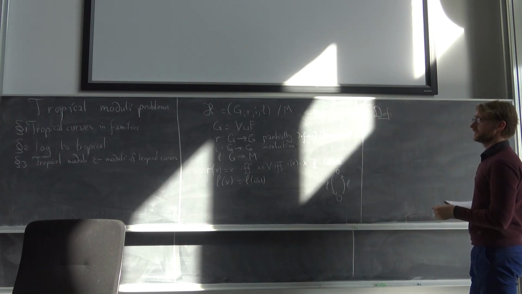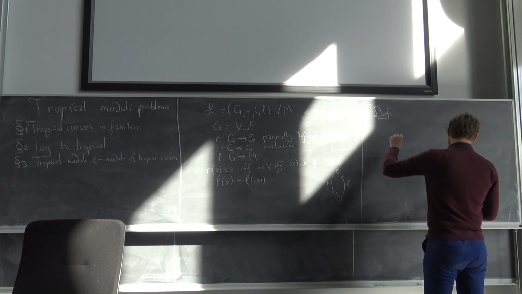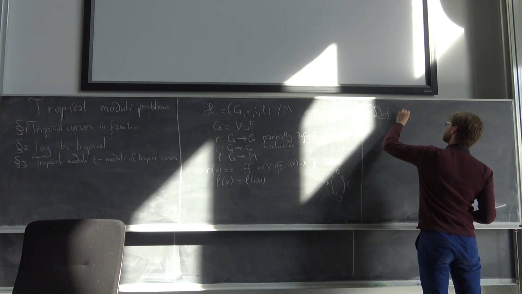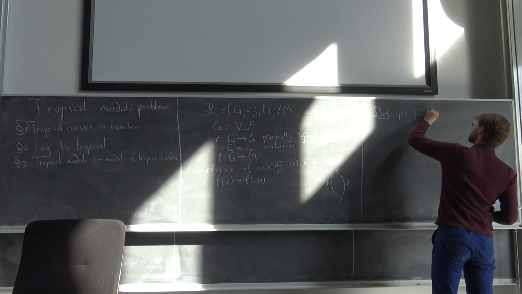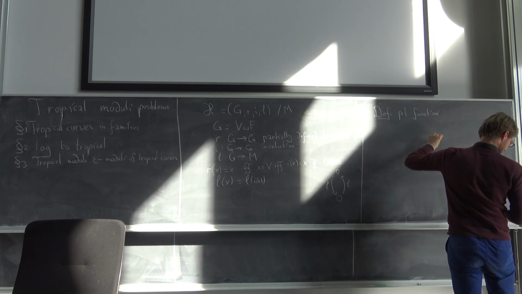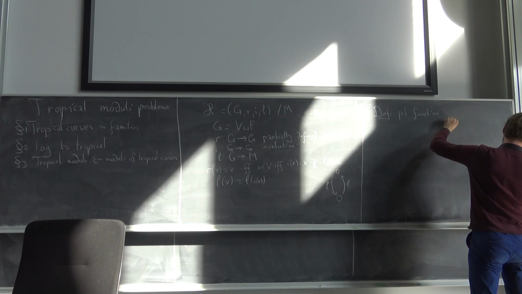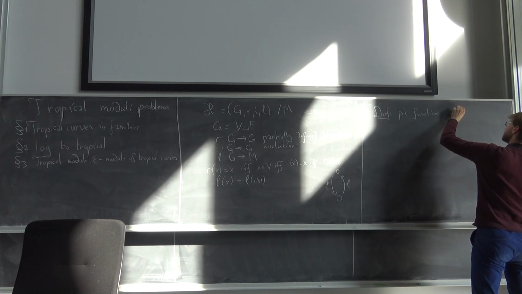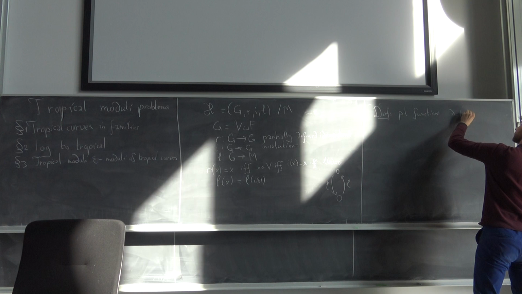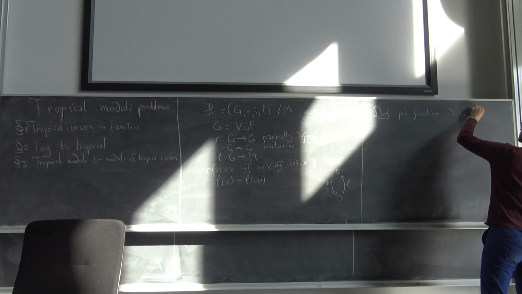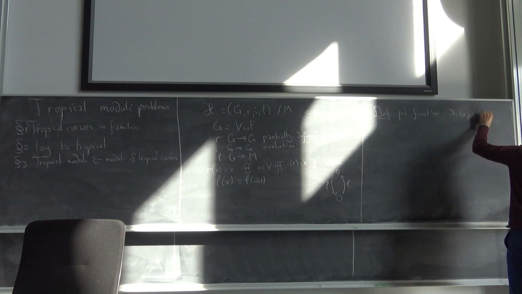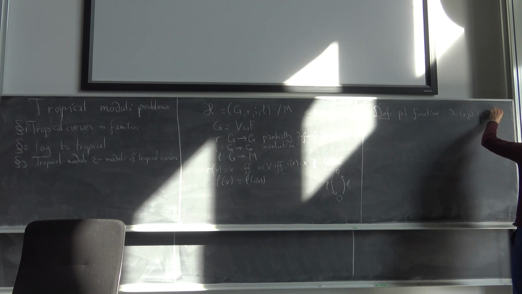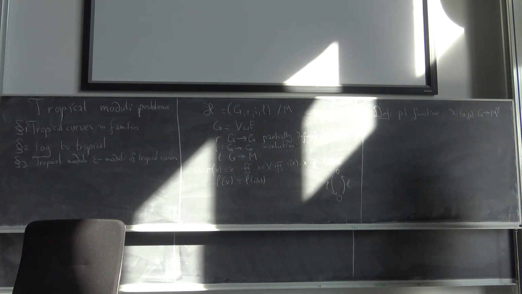I'm also going to repeat piecewise linear functions, so PL functions. And those are denoted lambda. We have two components. The first component goes to the groupification of the monoid.